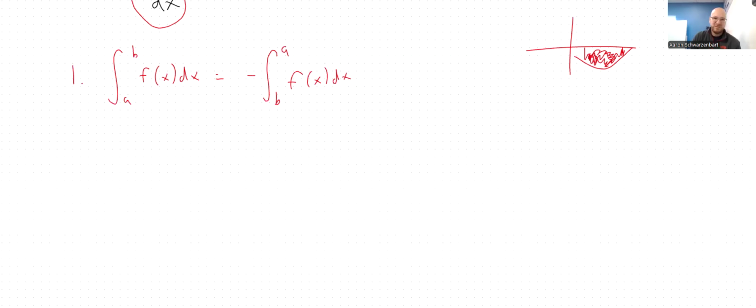Rule two is also not very hard. The area from A to A, meaning it has zero width, is zero. If the bounds are the same, the integral is zero. The area is zero. That makes sense?